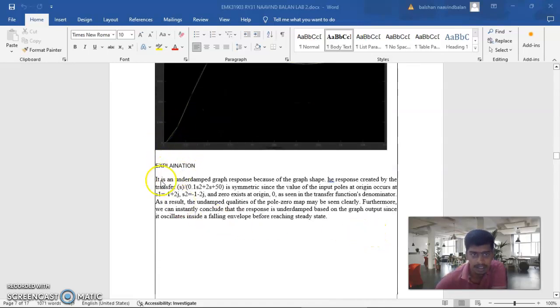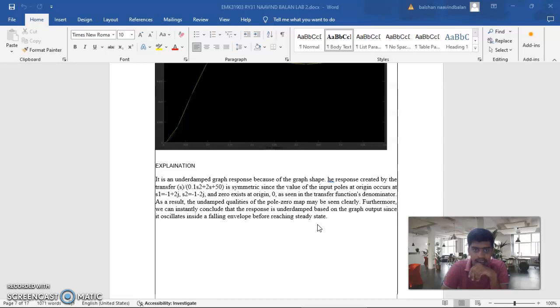I already explained here that it is an underdamped response because of the graph shape, and the response is given by the transfer function of 1 over 0.1 s squared plus 2s plus 50. It is symmetrical since the input poles are at the origin.